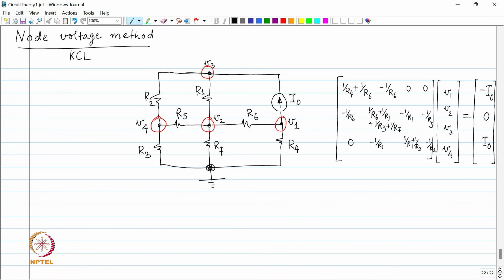Okay. And lastly, I go to row 4, node 4.